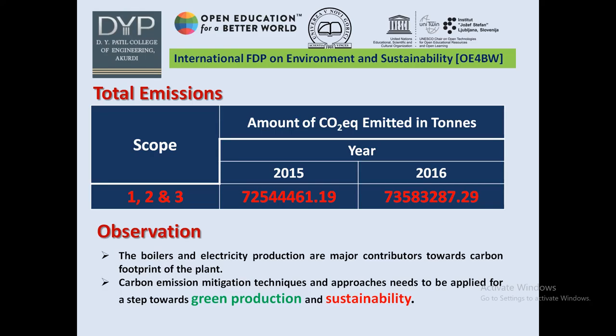It comes close to 7.25 crore in year 2015 and 7.35 crore in 2016. So this is an observation that the boilers and electricity production are major contributors towards the carbon footprint of the plant. Carbon emission mitigation techniques and approaches need to be applied for a step towards green production and sustainability.